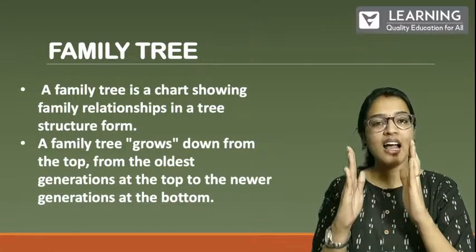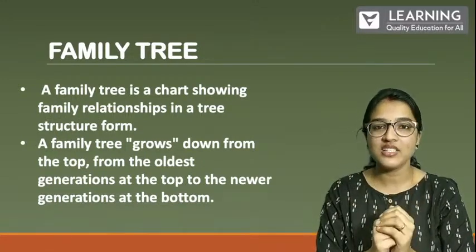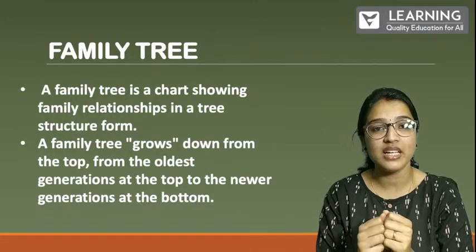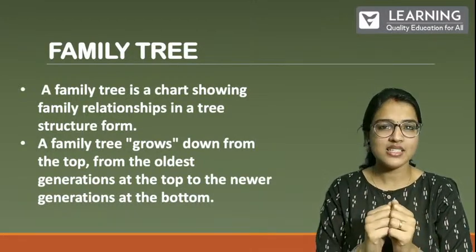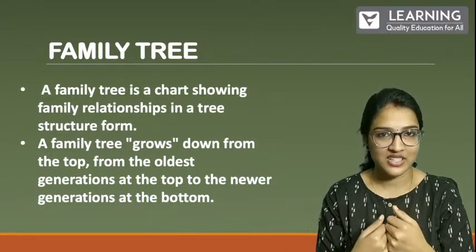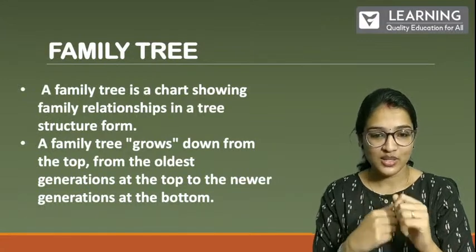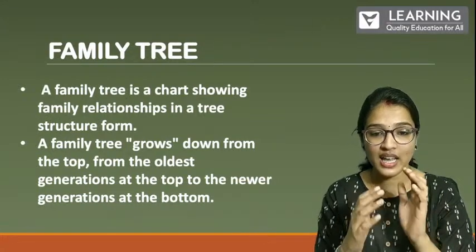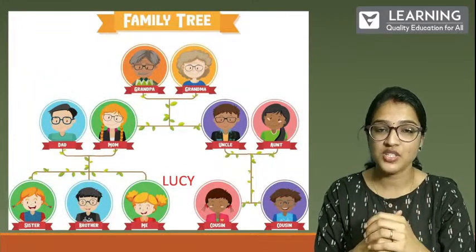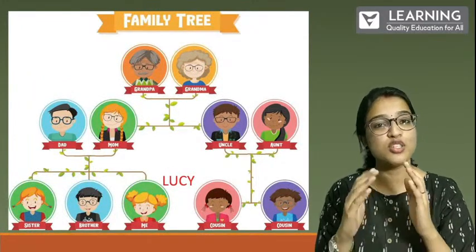Got it? And by looking at the family tree, we can easily identify who all are the members in the family, what kind of family that is, how many generations are there, and what the relationships are. Now listen, children, I'll give you one example. Look here, this is the family tree of a girl named Lucy.